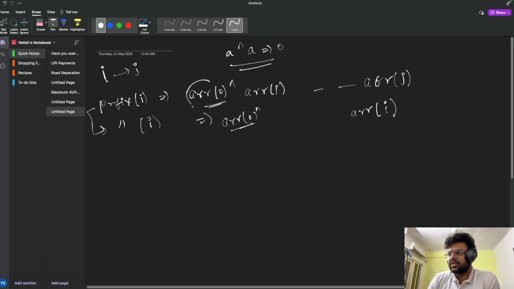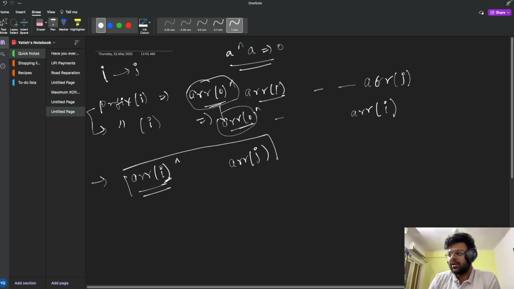So these would be 0 because they are repeating elements. So all the distinct elements would remain, from ARR of i to ARR of j, and this would be the XOR of the subset from i minus 1 to j.